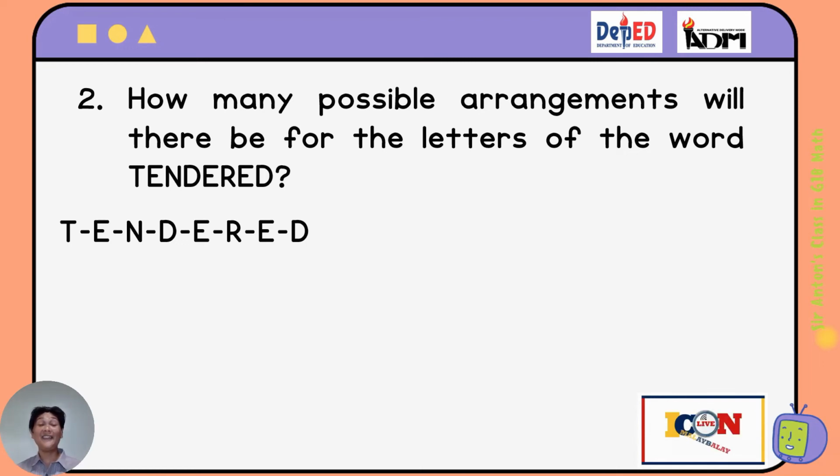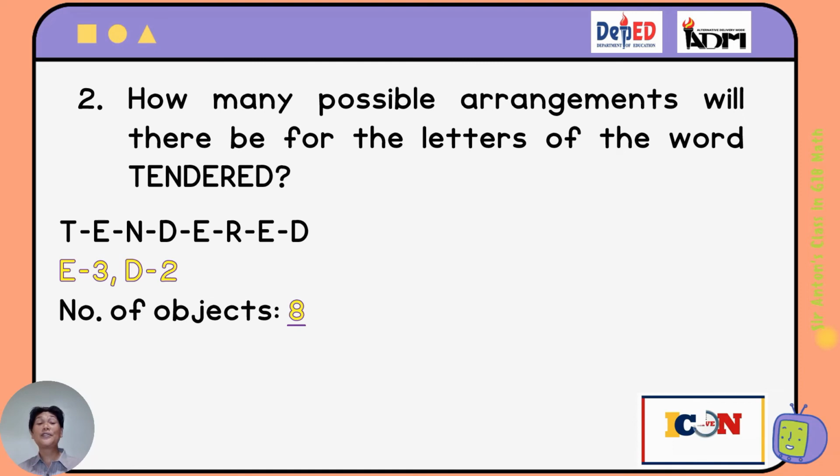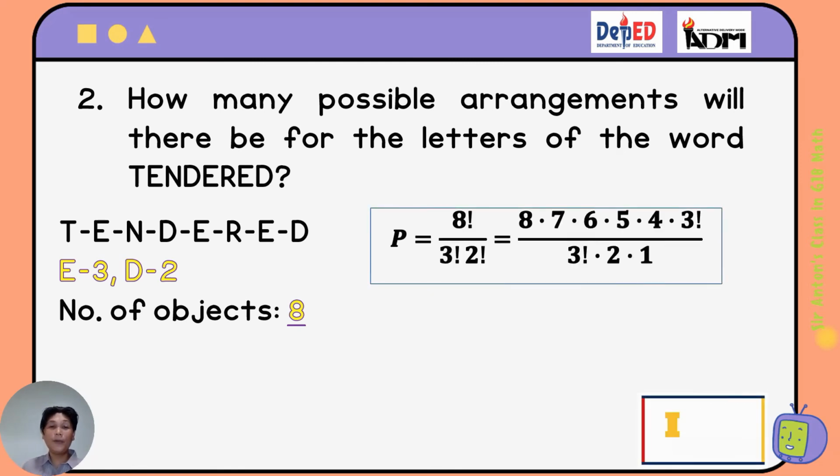There are 8 objects, and we have E repeated 3 times and D repeated 2 times. So let's solve using the number of objects 8. We have the permutation of 8 factorial because our n is 8, and then the repeated letter E is 3, so 3 factorial.